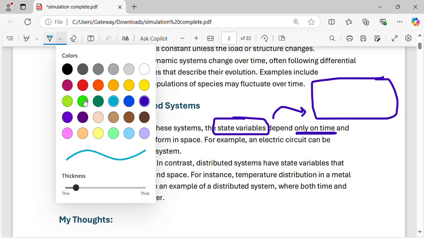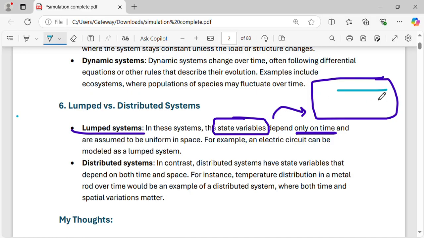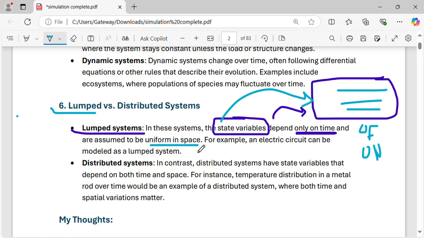You assume that the system can be off, it can be on, or it can be in a moderate position. So state variables present what the state of the system is right now, how the system is moving, and which variable it depends on. In the lumped system, it depends only on time and is assumed to be uniform in space.